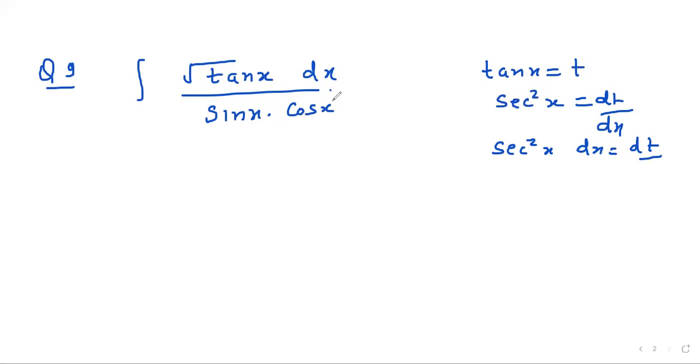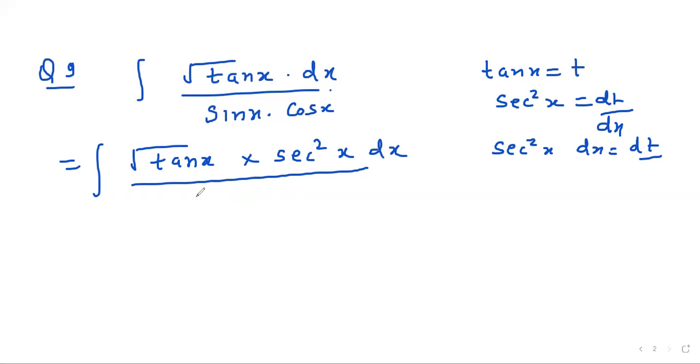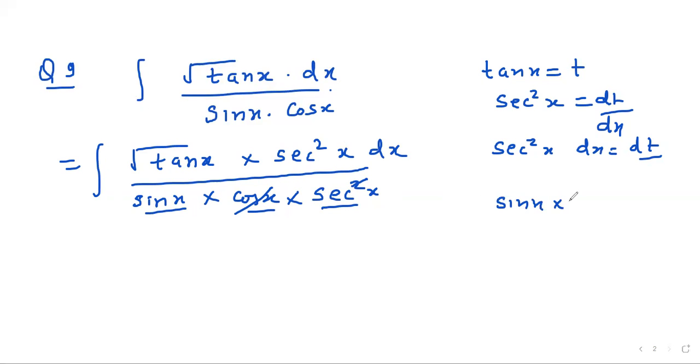It means we need sec square x in numerator. So what do we do? We write root tan x into sec square x dx, and we multiply sin x into cos x into sec square x. Now one cos and one sec will cancel out, and we will get cos x, here is sin x, and this is sec x will become 1 upon cos x, sin x into 1 upon cos x will give tan x.